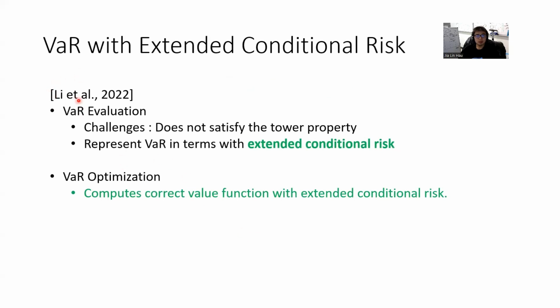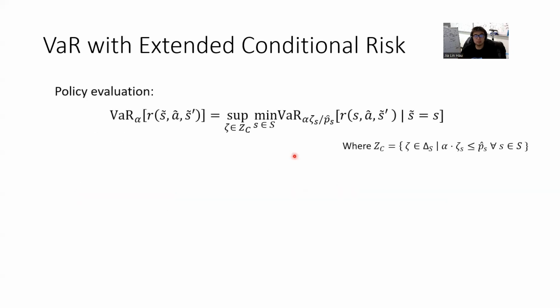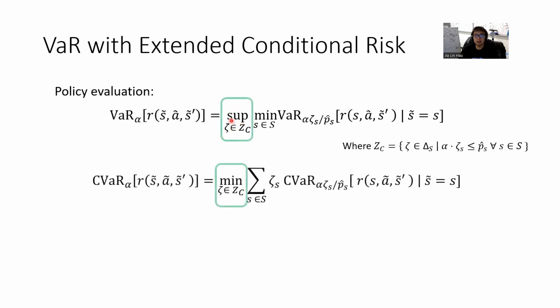However, inspired by Li, you can also write VaR with extended conditional risk. And the cool thing is now VaR can be used in optimization. So we will show how VaR is different from CVaR. But the most important idea is that in VaR, the zeta optimization is over a supremum, and in CVaR it is over a minimum.